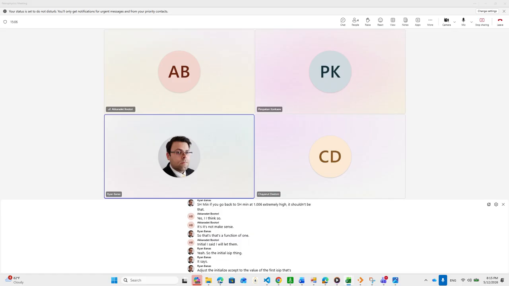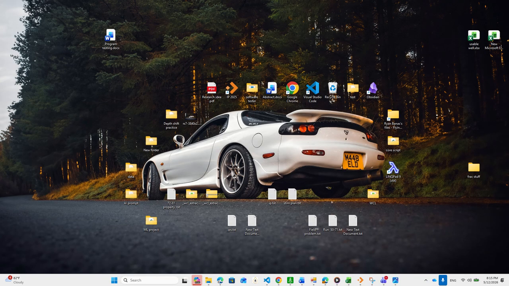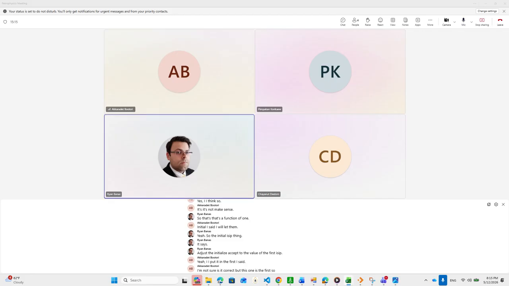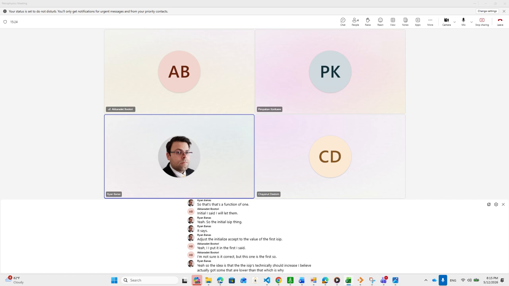That's what it is, right? Stage one. Yeah. So the idea is that the ISIPs technically should increase, right? But we've actually got some that are lower than that, which is why we end up with that problem.